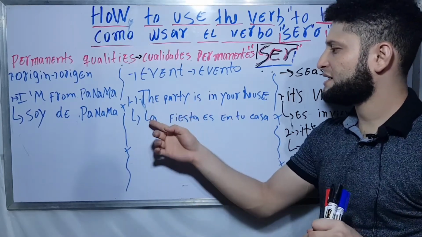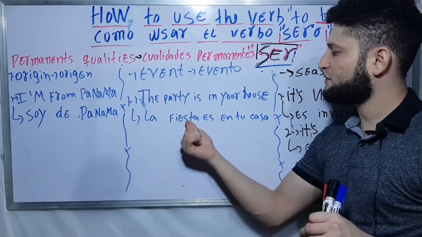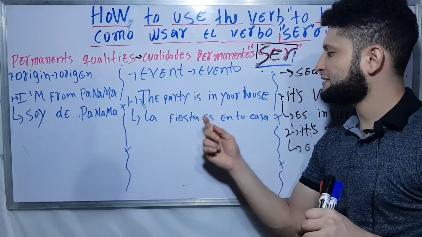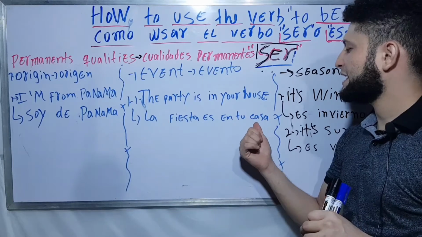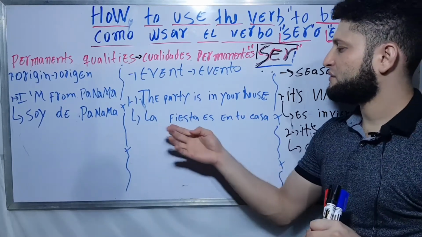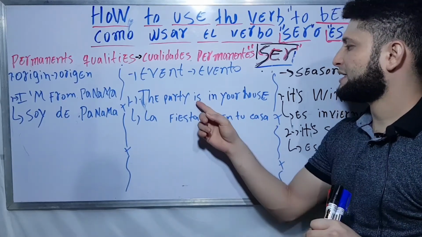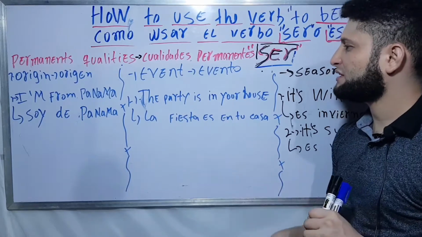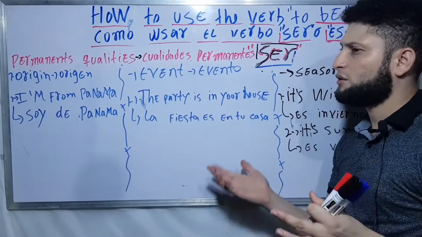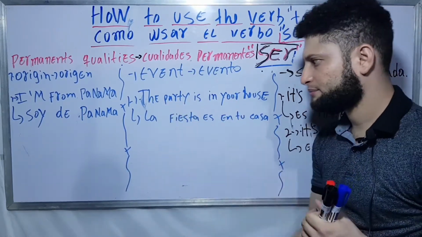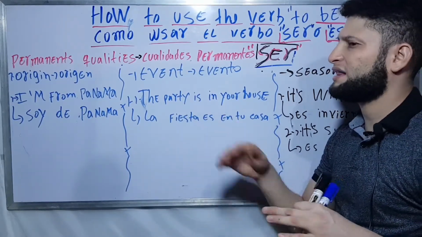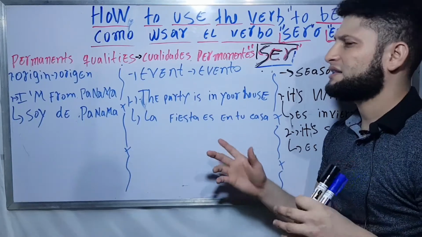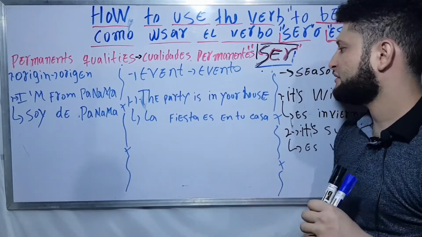La fiesta es en tu casa. Is, es. So this is like it's in your house. What? The party. That's why we need to conjugate this one like the third person singular.